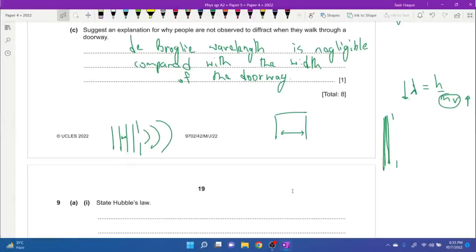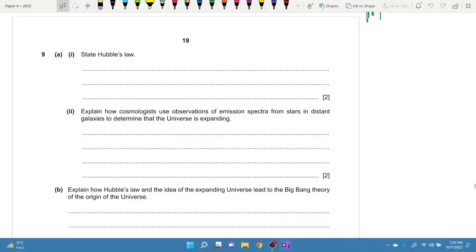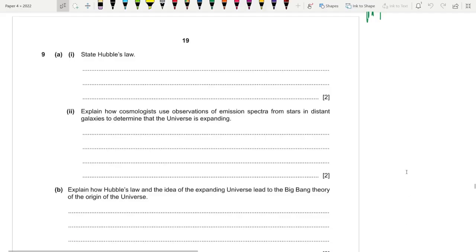Moving on to question number 9. Okay, for 9, this is the new section that's been added from 2022, astronomy, right? So state Hubble's law.